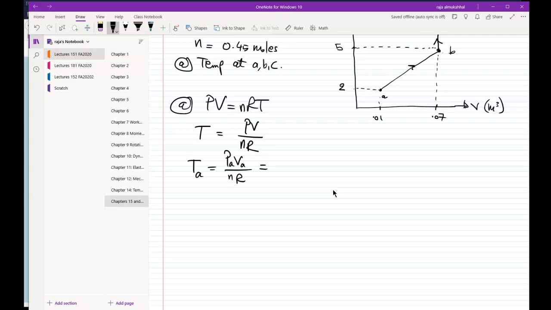P sub A for point A is 2, so that's 2 times 10 to the 5th, times V sub A, which is 0.01, divided by the number of moles, 0.45, and the gas constant, 8.315. I think your book uses 8.315, not 8.314. Anyway, the answer is 535 Kelvin.